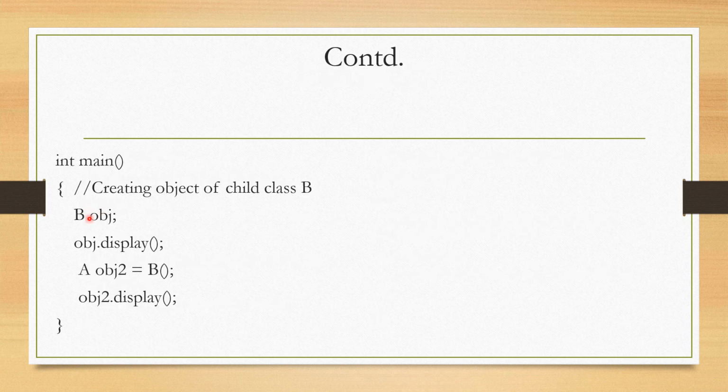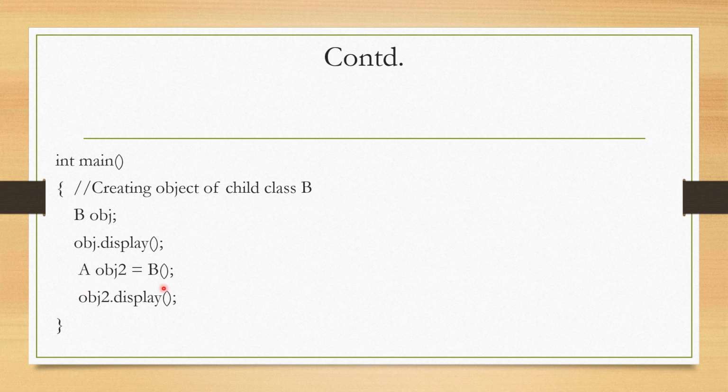Now in main, we are creating an object of your derived class, and with the help of this object we are calling the display function. So it will automatically call the display of your derived class. Now if we want to call the display of your base class, then we have to assign the reference of your base class to the derived class object.